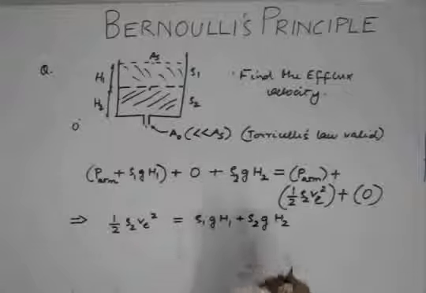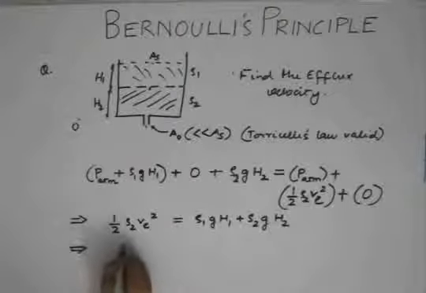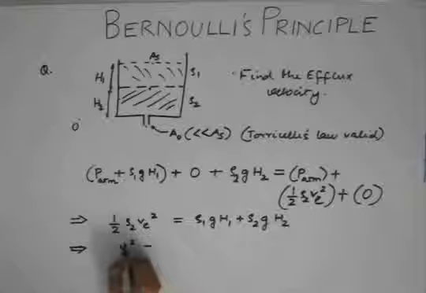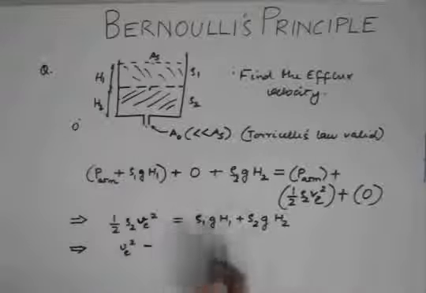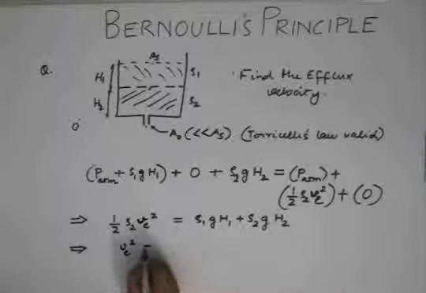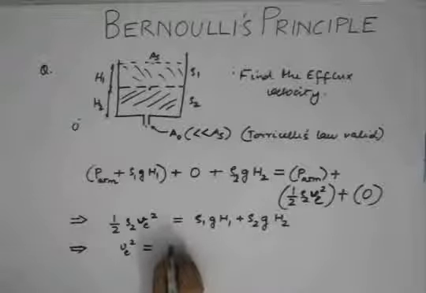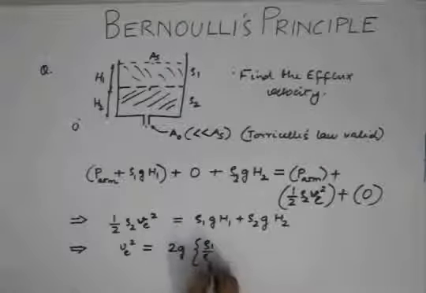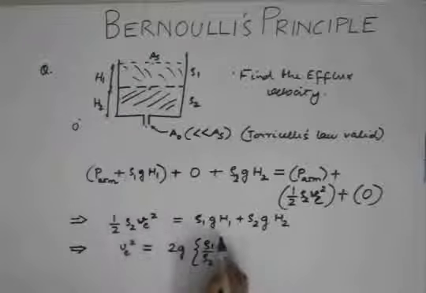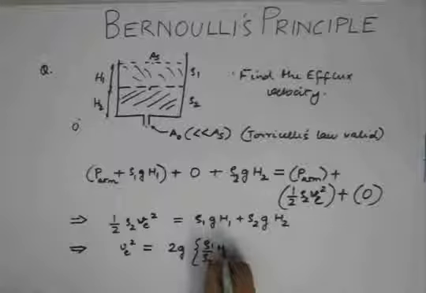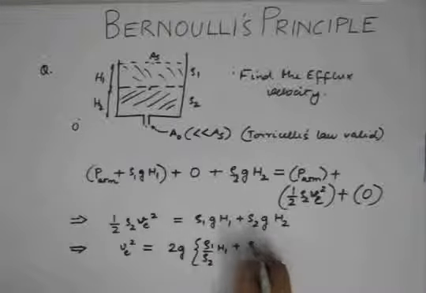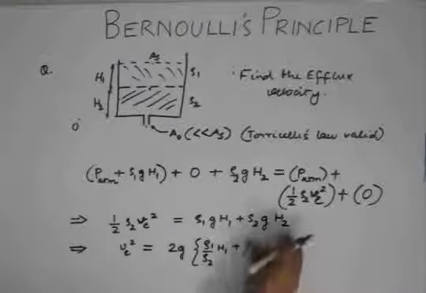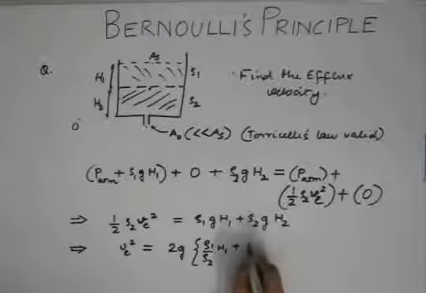Simplifying this further, VE square is equal to 2 times g times rho 1 by rho 2 H1 plus H2. We have brought this rho 2 here, and the other terms cancel off, so only H2 remains.